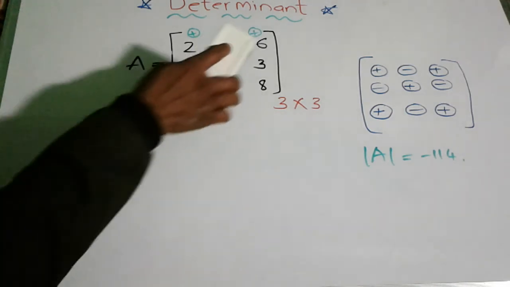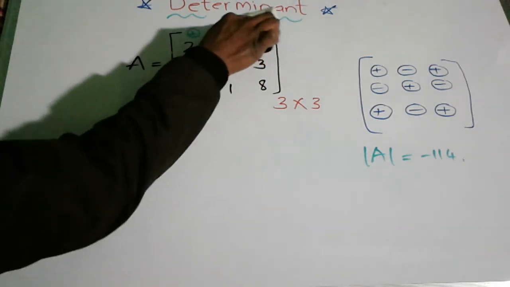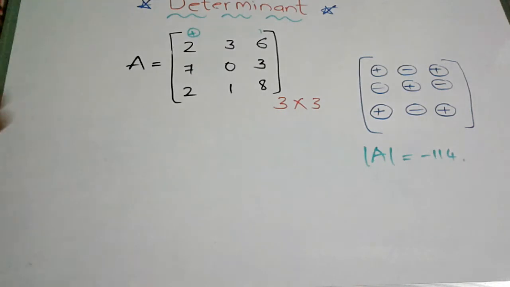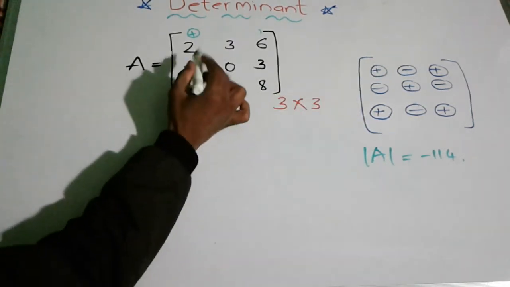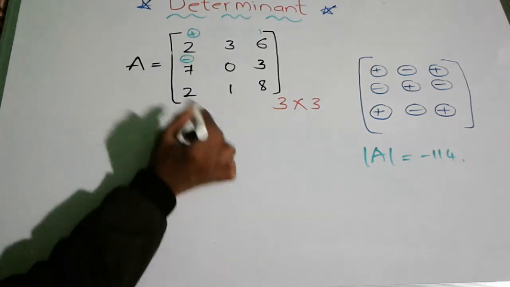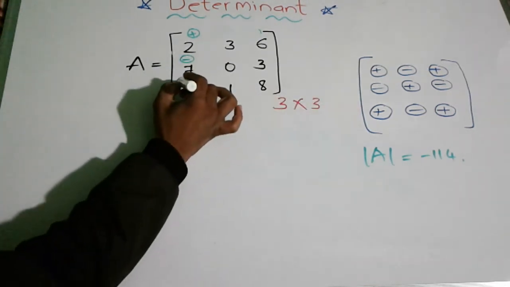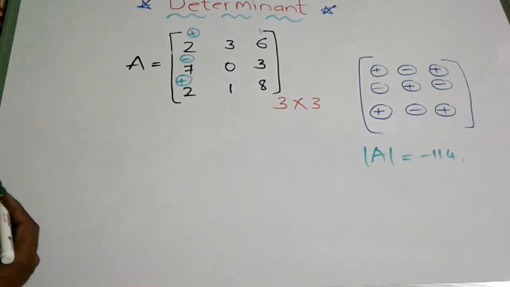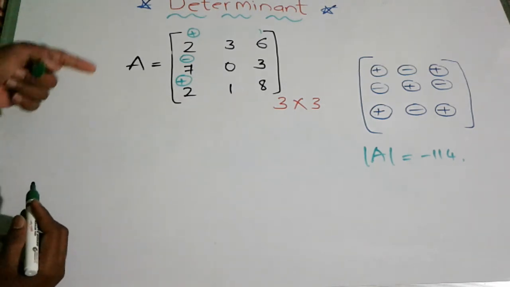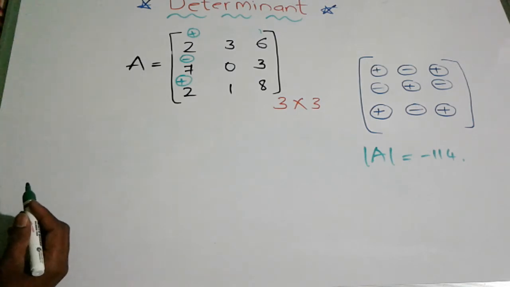For that we have to take the signs. Here we have minus, so we take the minus sign here, and we have plus sign here, so I take plus here. In the similar way as we did before, here also we do the same way.